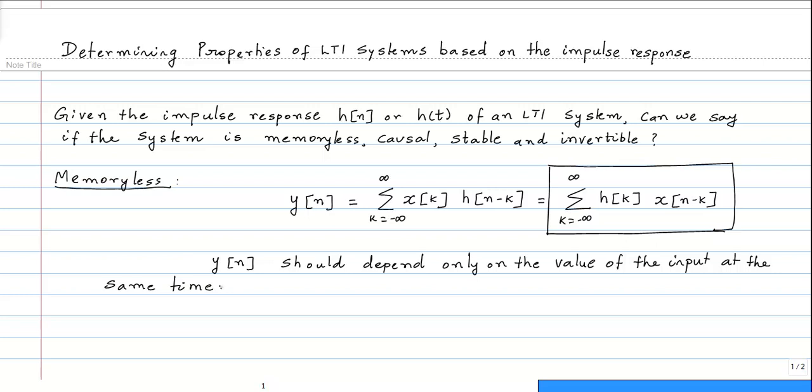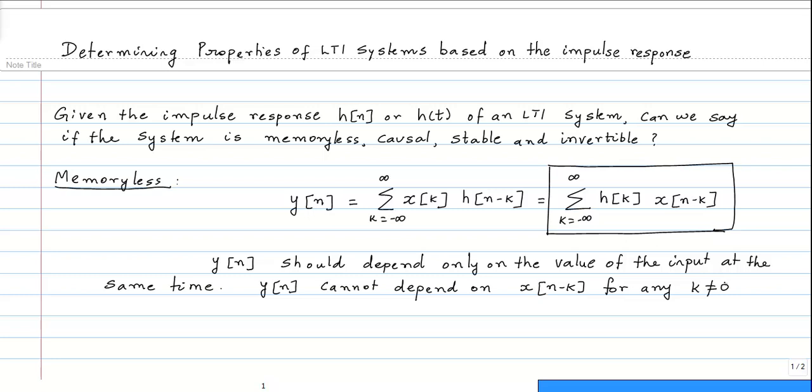Well, what that means is that y of n cannot depend on x of n minus k for any non-zero value of k.